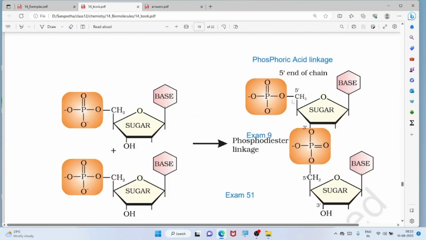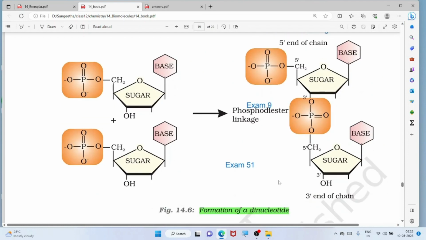So here, between the fifth carbon atom and the third carbon atom a linkage is formed. This is the third and this is the fifth. So this is the phosphodiester linkage.